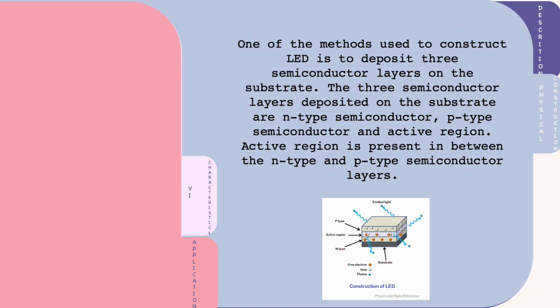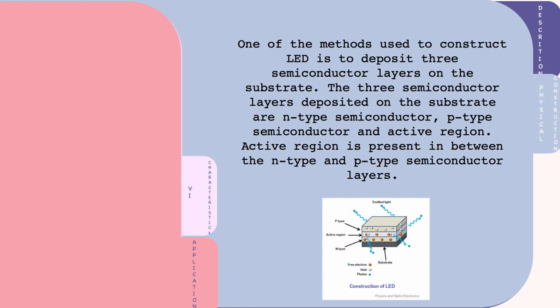For the physical construction, one of the methods used to construct an LED is to deposit three semiconductor layers on the substrate. The three semiconductor layers deposited on the substrate are N-type, P-type, and the active region. The active region is present between the N-type and P-type semiconductor layers.